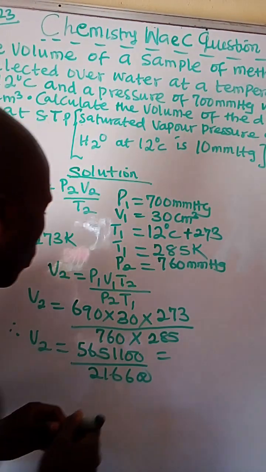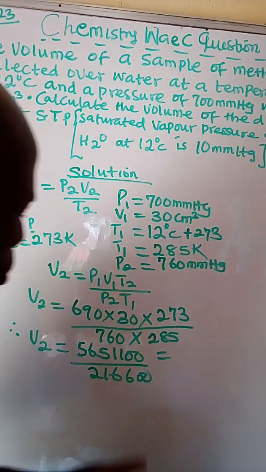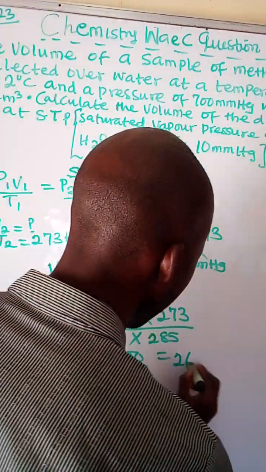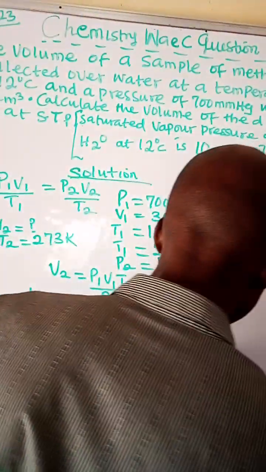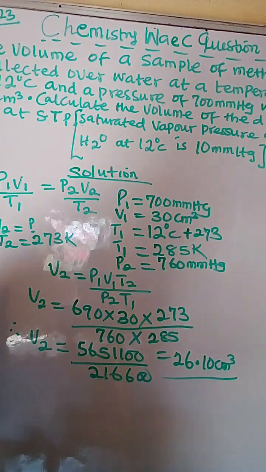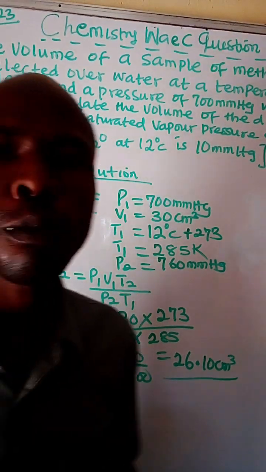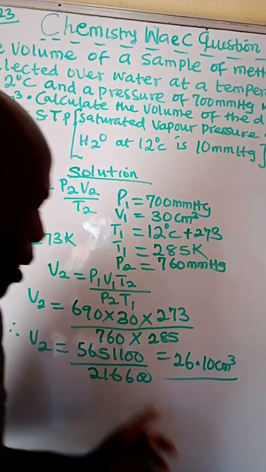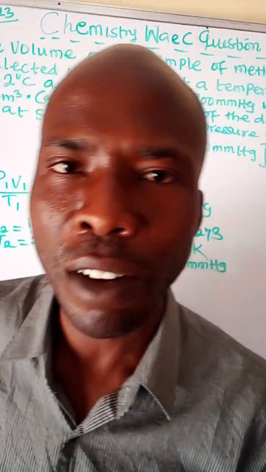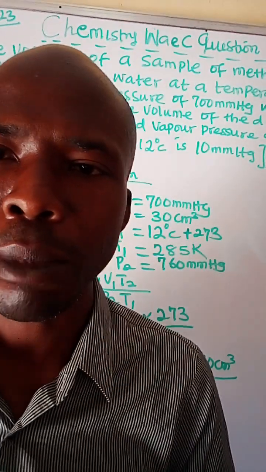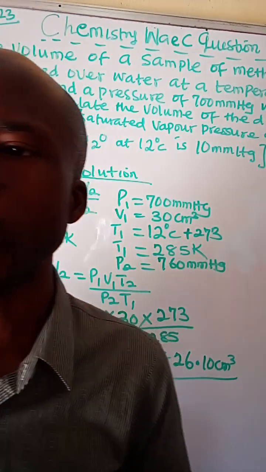So by the time you do this division, you are going to get 26.10 centimeter cube. So this is our final volume. From the question, we use P1 V1 over T1 equals P2 V2 over T2, and at the end of the day, we get our final volume to be 26.10 centimeter cube.